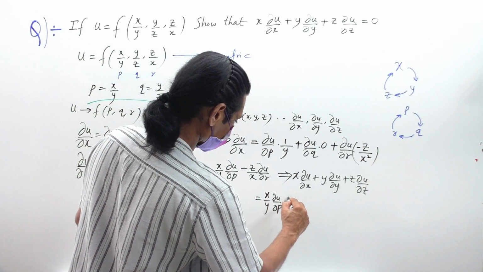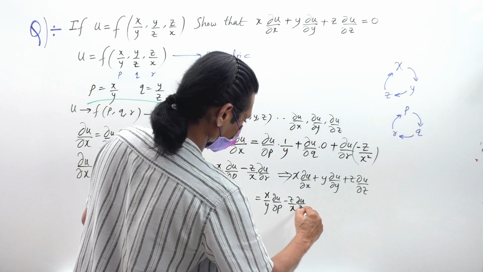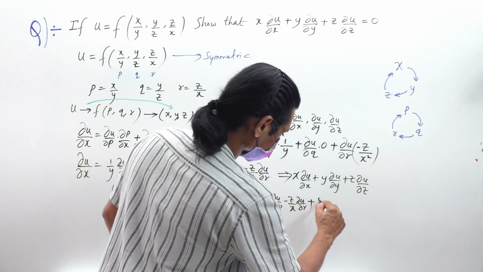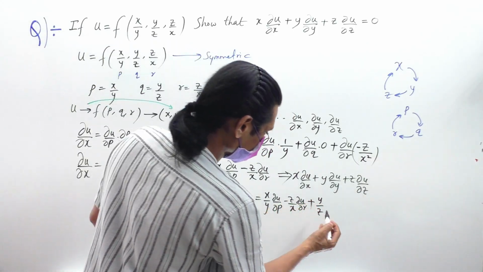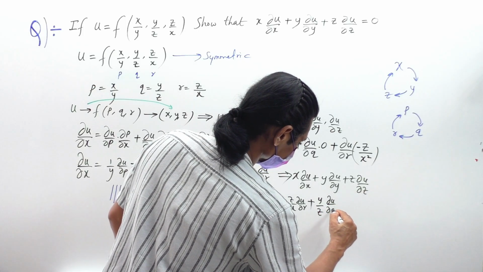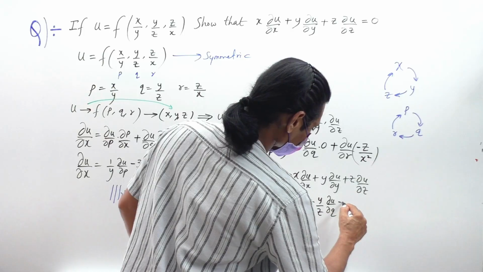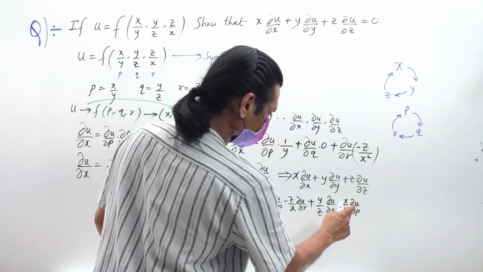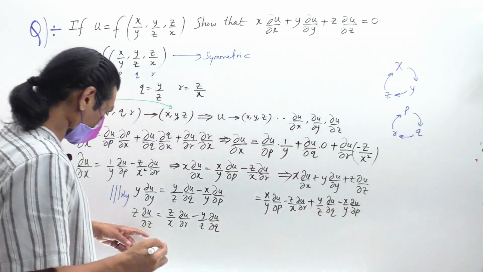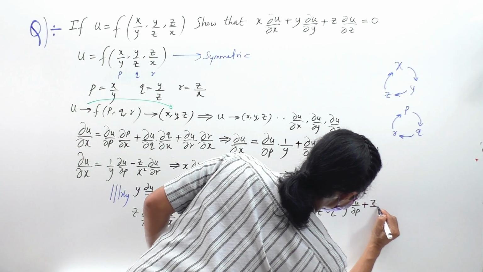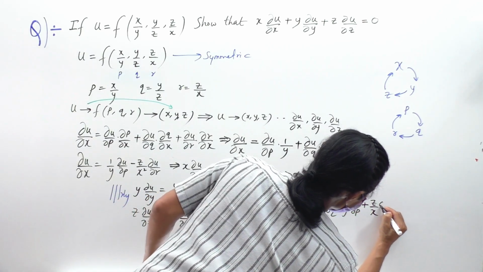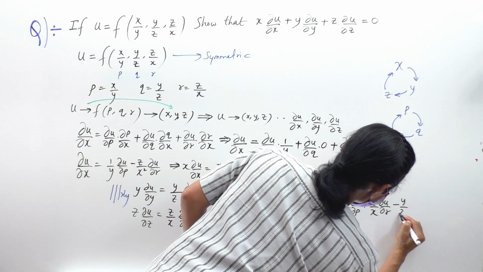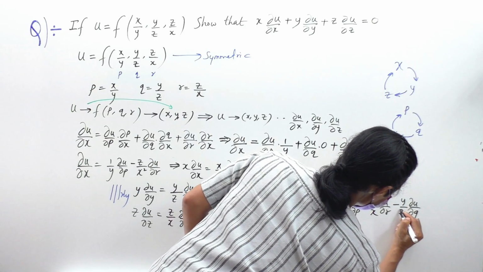dou u by dou p minus z by x dou u by dou r, plus again y dou u by dou y is y by z dou u by dou q, minus x by y dou u by dou p, and finally what remains? z dou u by dou z is plus z by x dou u by dou r minus y by z dou u by dou q.